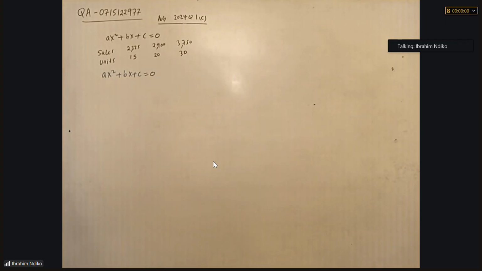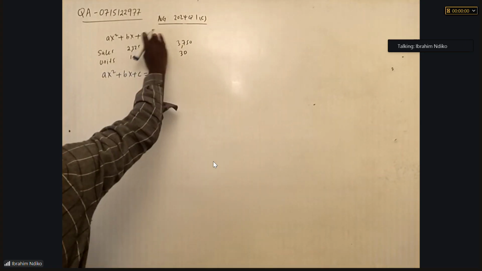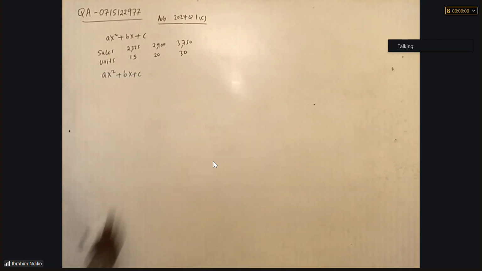B is not 0 actually. That is the format. So we are supposed to determine the revenue from this function.